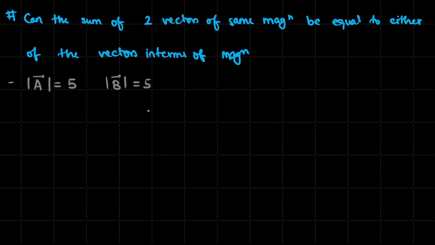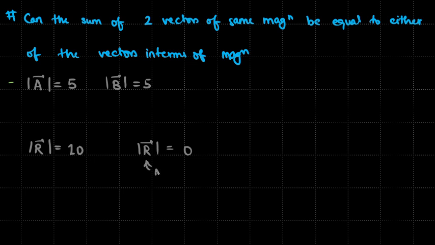If you remember from the previous videos, the maximum magnitude that the resultant can have is the sum of these vectors, which will be 10, if they are in the same direction. Whereas if the vectors are acting in opposite directions, then the resultant will be 0.